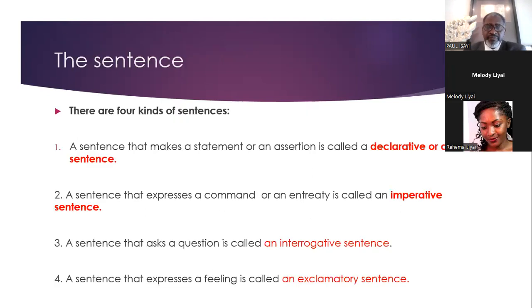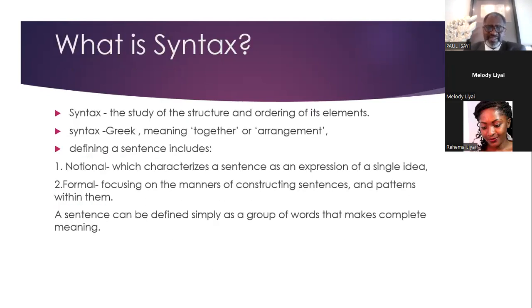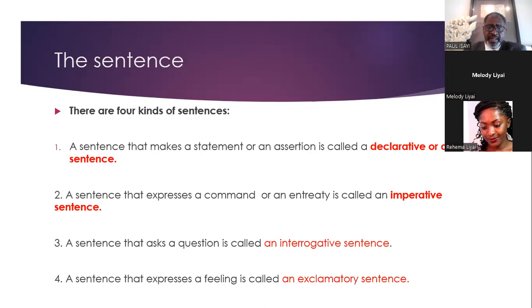Now, if a sentence is a group of words, how do we know that this is a sentence? How do we understand the meaning of a sentence? This brings us to looking at the English sentence with the different kinds. So we have 4 different kinds of sentences.